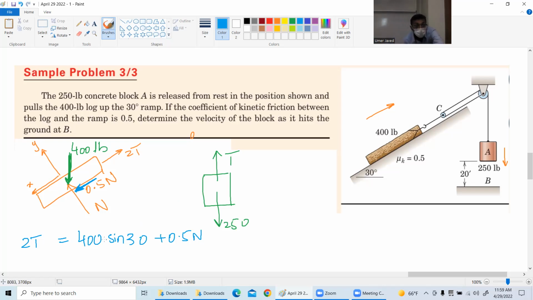And T equal to 100. T is 100. Okay. T is 100.